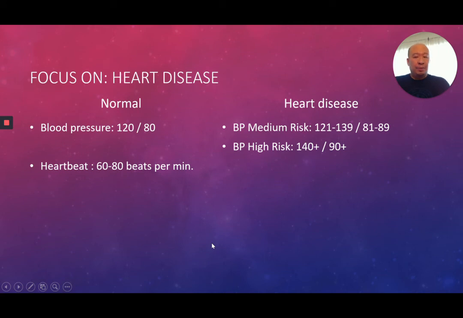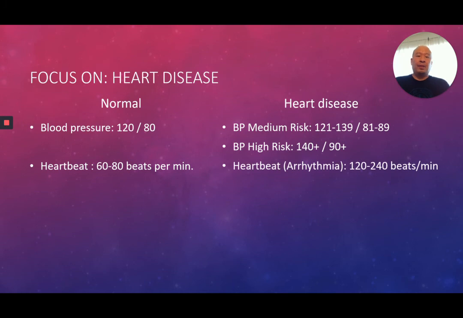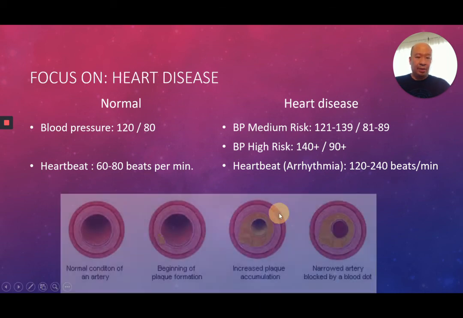In terms of beats per minute, the average is around 72, but the range is between 60 to 80 beats per minute. And for a person with heart disease already, their heartbeat will be about 120 to 240. And this is the resting heartbeat, just by sitting down and such. So this is very irregular.